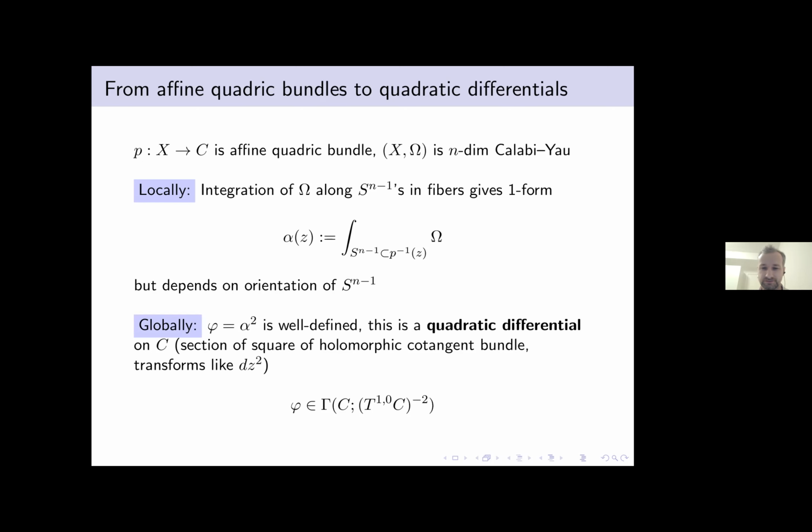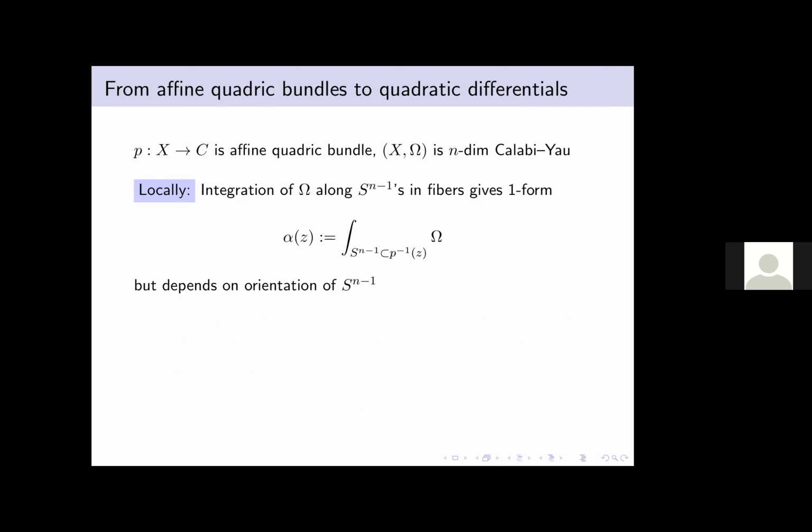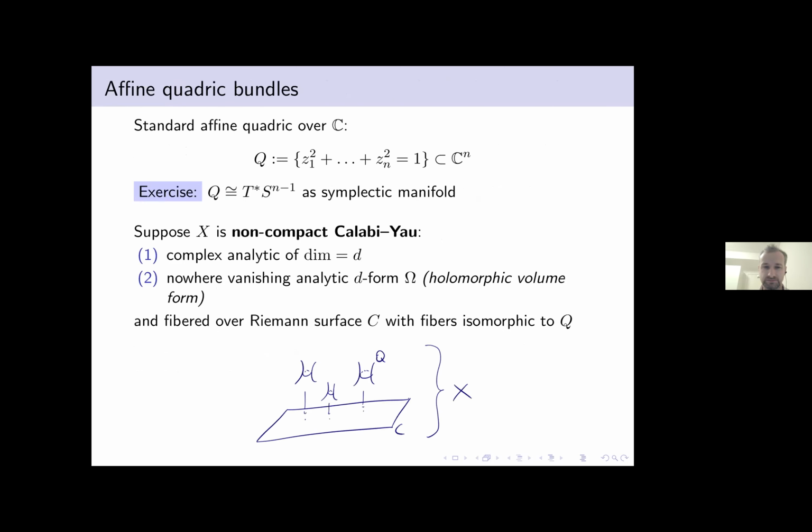Fabian, what is an affine quadric bundle, which you use as if you defined it? Let P: X to C be an affine quadric bundle. But this situation depends on the choice of coordinates. Probably you want something coordinate free.